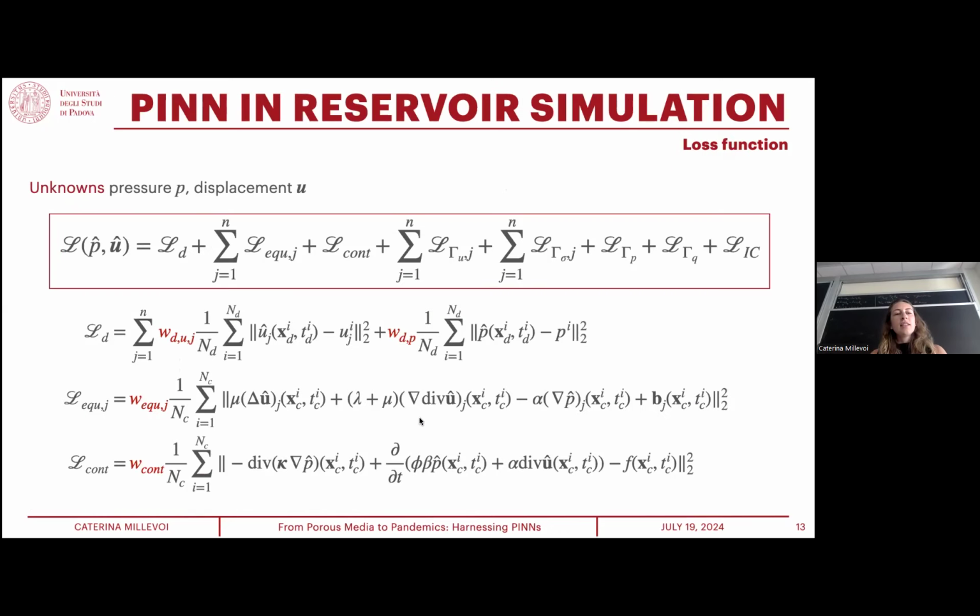So in this setting, the loss function of the PINN is the result of the contribution of many different terms. We have some terms that impose data fitting, if available. We have some terms that impose the minimization of these two governing equations. And we have other terms that impose the boundary and initial conditions.